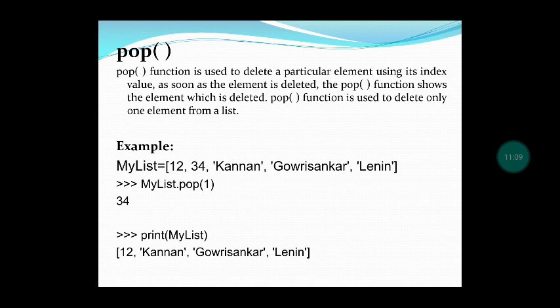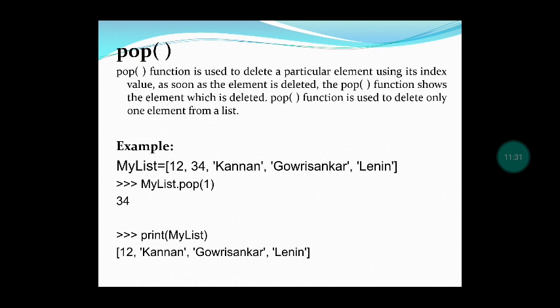And in the next line we have given mylist.pop of 1. So first position alone we are removing. What the pop function will do is, whichever element it is removing, it shows that element. But the del function, clear function and remove function don't show the removed element. But the pop function will show the removed element.